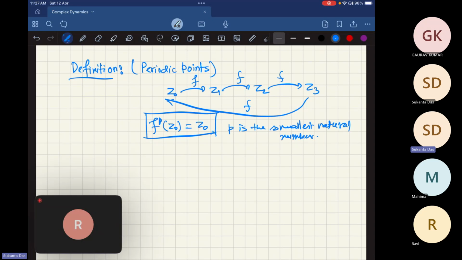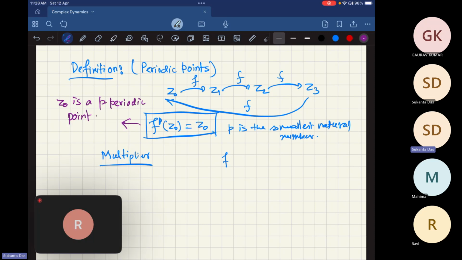The first one is the multiplier. So what is a multiplier? Here I will say that this z naught is a periodic point.